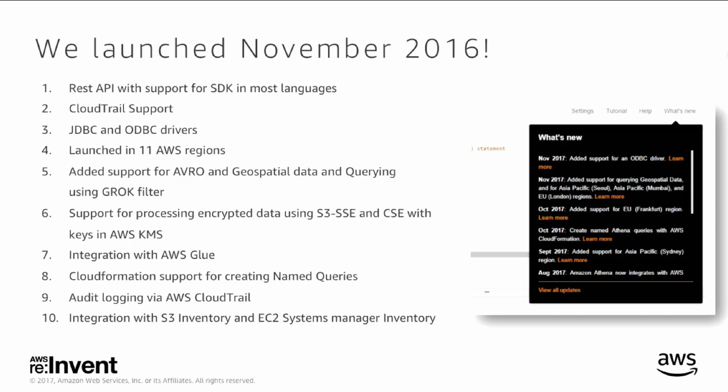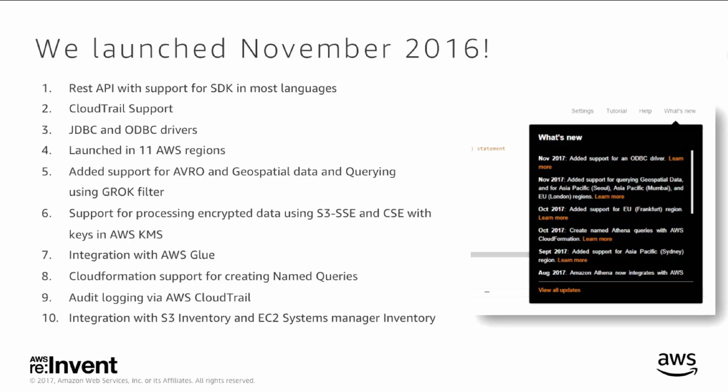CloudFormation support is also available for named queries. So if you wanted to build infrastructure and include specific named queries defined in that infrastructure, so later users can just simply call those queries and execute them on the fly, you can build that out inside of CloudFormation. Like I said, you'll be able to audit all your queries via CloudTrail.